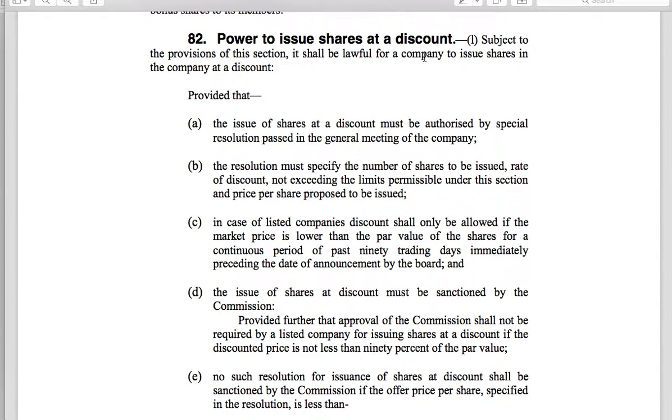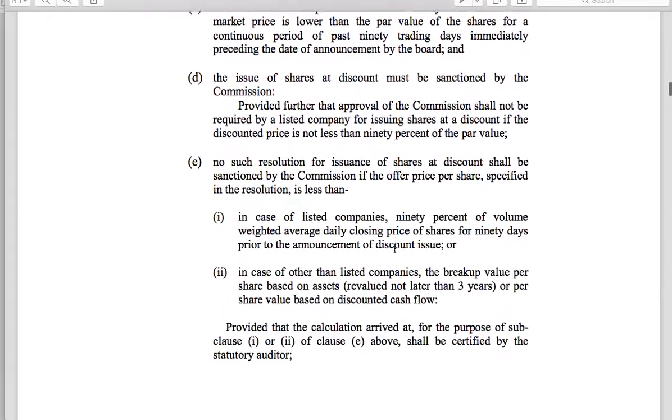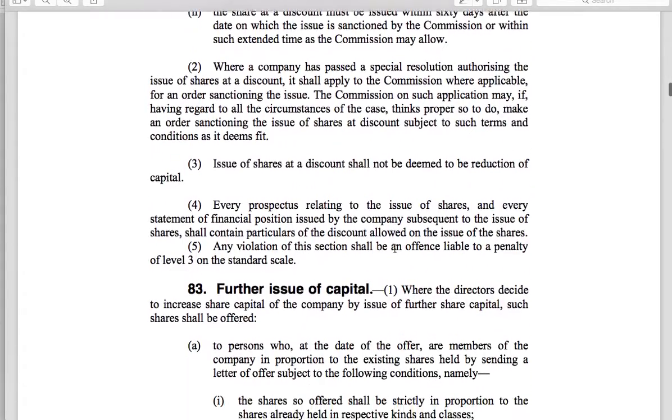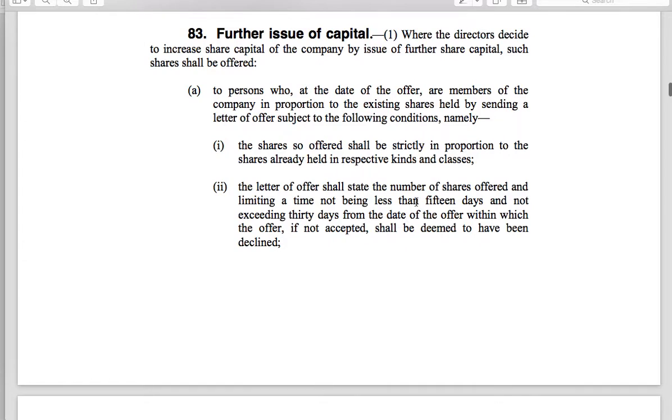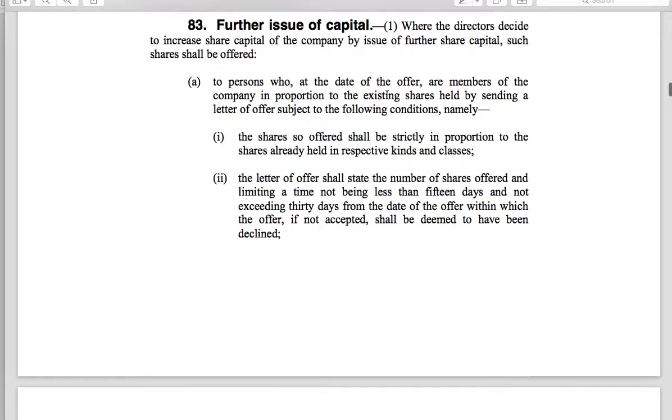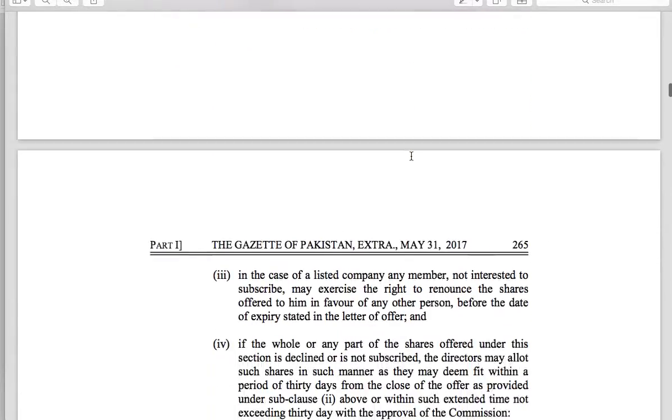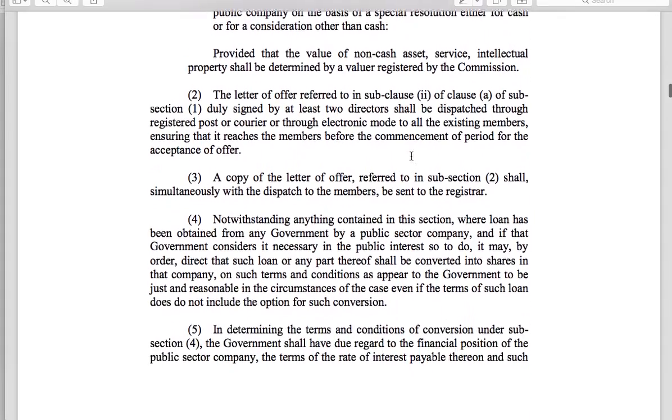You can also issue shares at a discount with these restrictions, and you can further issue shares, which means that if your authorized capital is 1 million and your paid up capital is only 400,000, then out of the remaining 600,000 you can issue further capital. You can take it up to 1 million, and that further issuance of shares will be first offered to the existing shareholders. Then if they decline, it is issued to new shareholders.